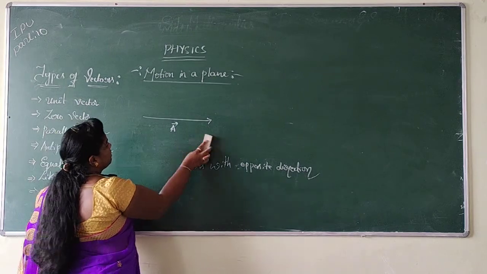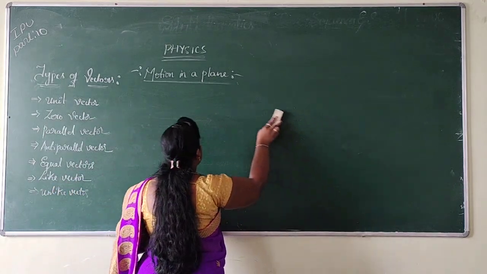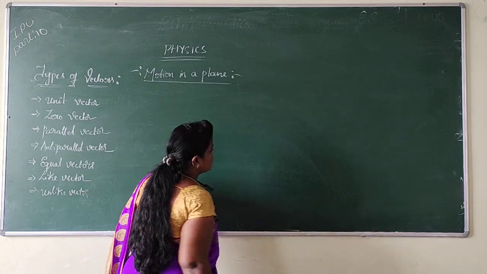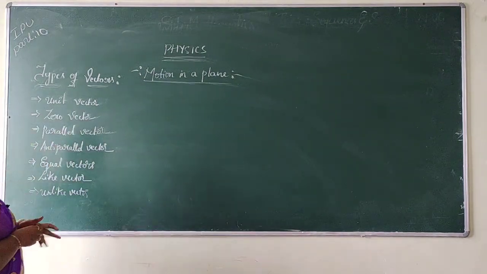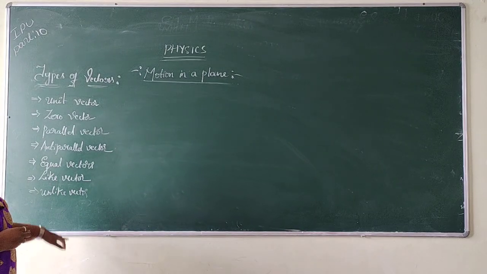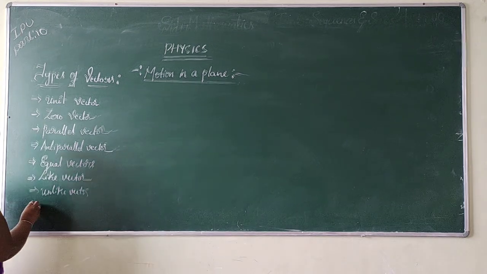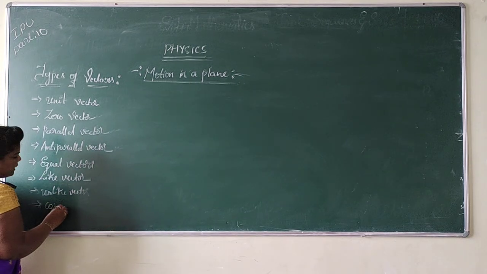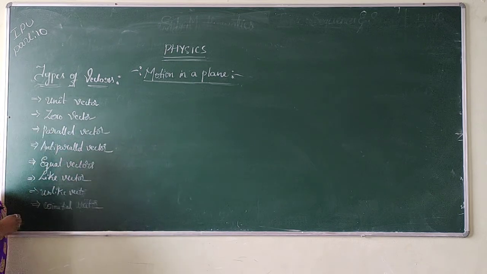With this, we even have some other vectors like co-initial vectors and co-terminal vectors. These are enough to know about the types of vectors. Still we have some more, that is the co-initial vectors. What is a co-initial vector?